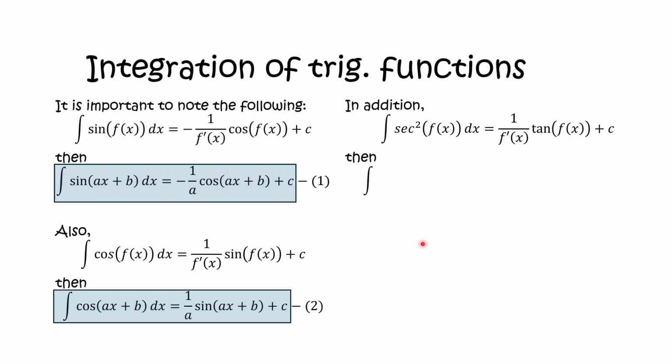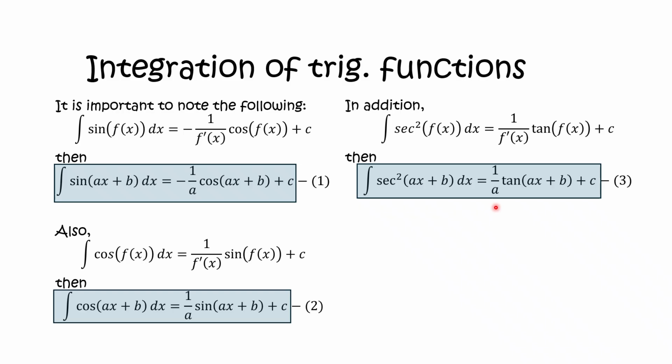Then the integration of sec squared of ax plus b dx is going to be 1 over a times tan of ax plus b plus c. This one will be formula 3. I'm labeling these formulas because we're going to refer back to them from time to time. And take note, a, b, and c are all real numbers.